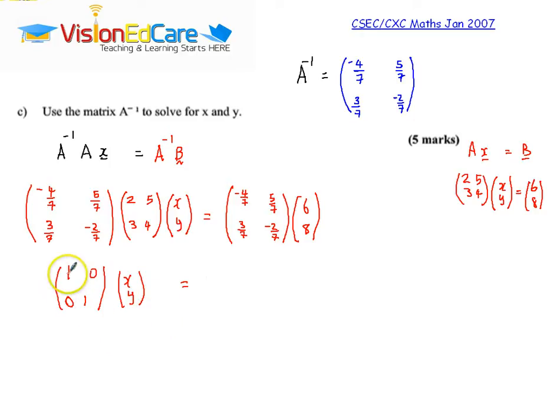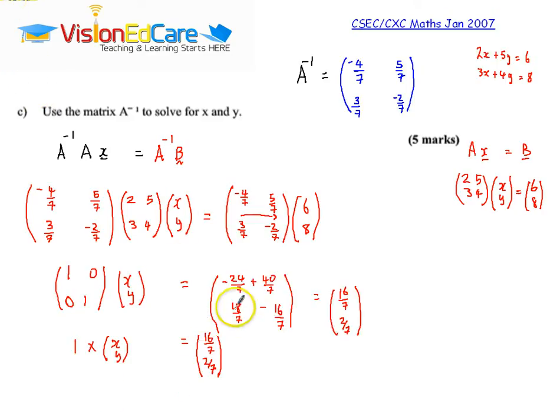And you need to know that the identity matrix behaves like the number 1 times x y, which just gives us x y. So all we have to do now is work out the right hand side. Upon simplifying, we get x as 16 over 7 and y as 2 over 7.